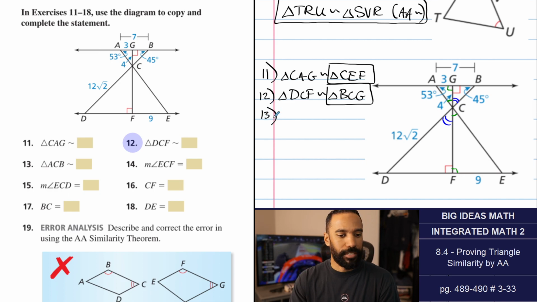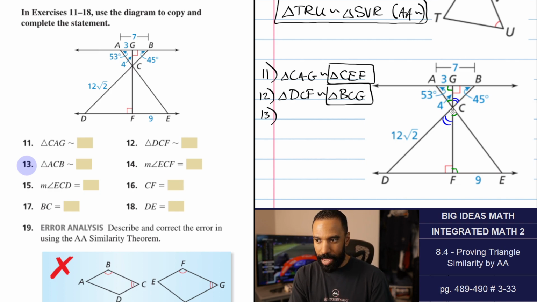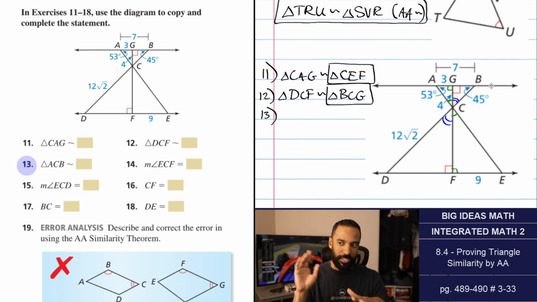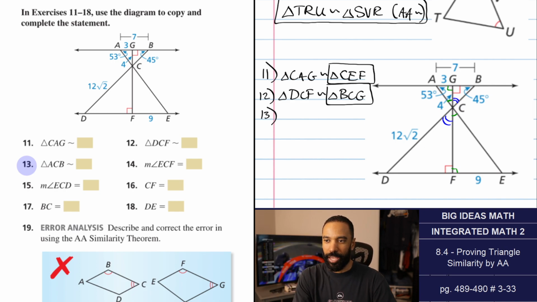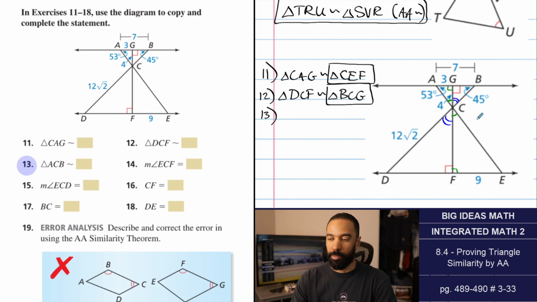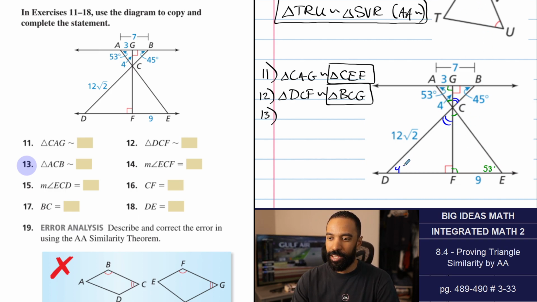Number 13. Triangle ACB. Now ACB is this bigger guy here. You know, because we have two sets of similar triangles, I don't know how much we have to play on proof of things, but if those two sets of triangles were similar before, then by corresponding angles of similar triangles are congruent, that must be 53, and this must be 45.